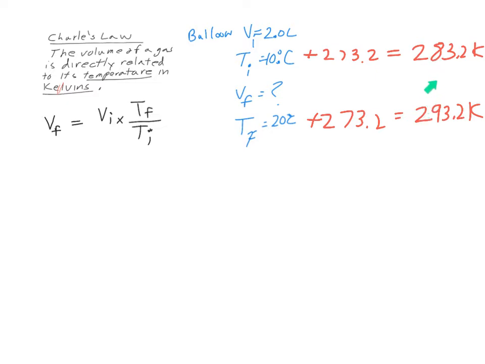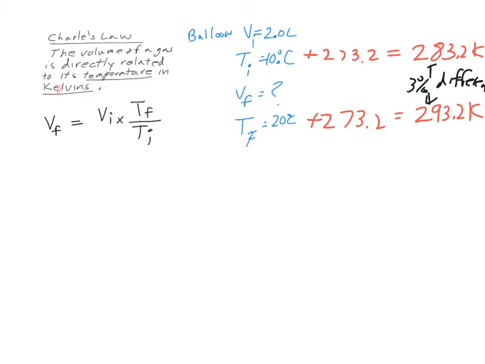It only really went up by about 3%. So instead of seeing a huge doubling of our volume like we would expect looking at our Celsius scale, what we're really going to see when we use these Kelvin temperatures is our volume increase by a puny 3% or so.